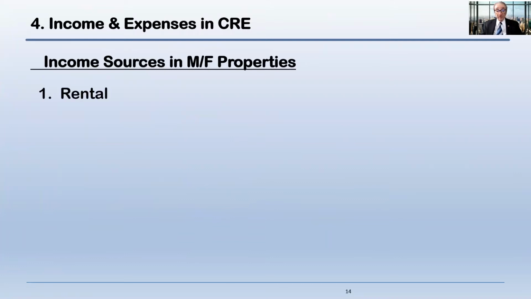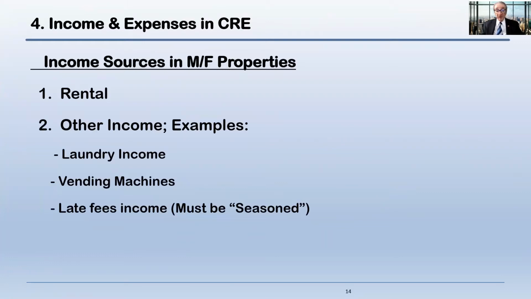We're going to look first at the income sources in multifamily properties, and dominantly the income will be from rent. So there is rental income and there is other types of income.